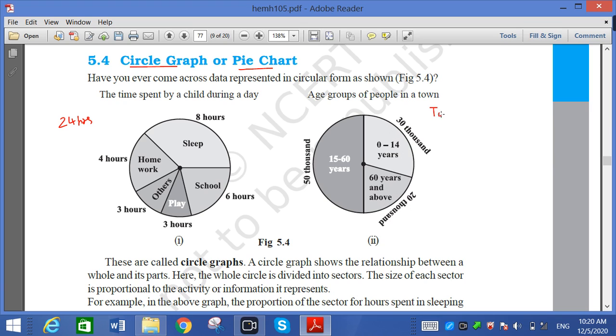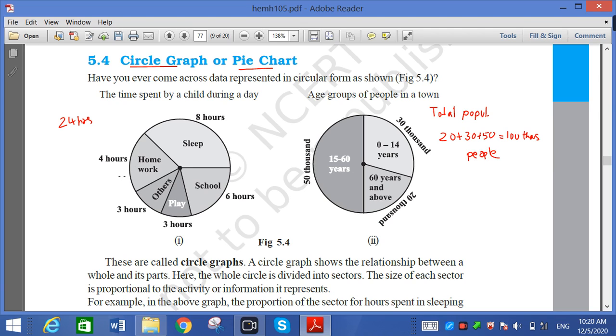First of all we have to find the total population: 20 plus 30 plus 50, that is 100,000. So 100,000 people are living in one village.